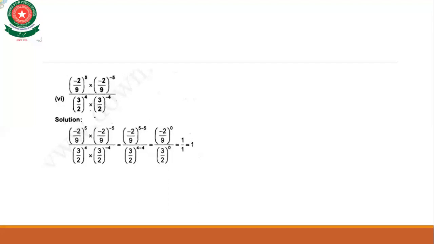Now the next question is the seventh part of question number 3: (1 by 3) power minus 3 over (1 by 3) power minus 4, minus (1 over 3) power minus 5 over (1 over 3) power minus 6.